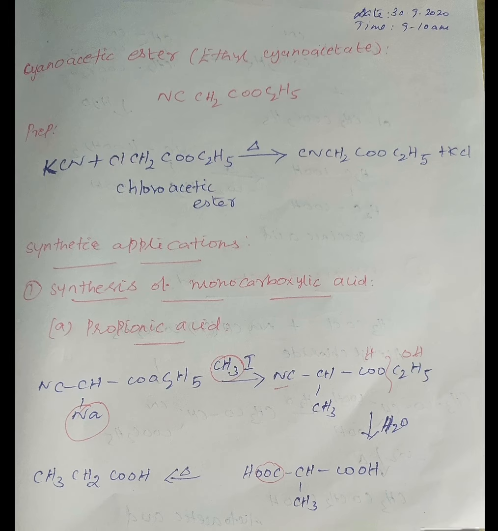It undergoes hydrolysis. During hydrolysis, the cyanide is converted to acid and the ester splits into acid and ethanol. So you get a dicarboxylic acid. This dicarboxylic acid is heated. One mole of CO2 is removed and you get a monocarboxylic acid. Here propionic acid is formed as the product.